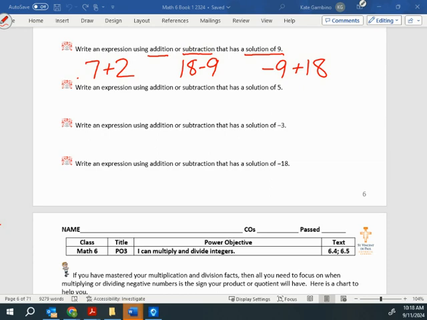No, negative 1 plus 19 would equal 18. Right? Because if we're at negative 1 and we jump forward 19, we would end at 18. And we want to end at 9. So if you did negative 1, what would you add? 10. Yep. Negative 1 plus 10 would equal 9. Any other questions?